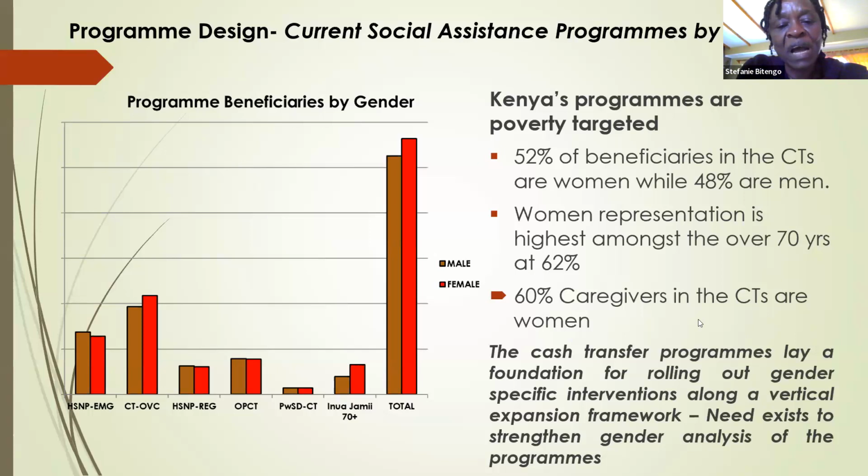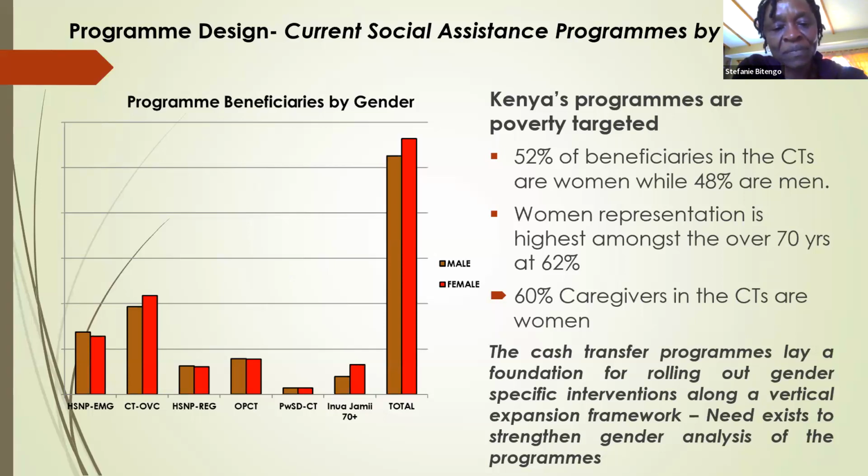And then amongst the Older Persons Cash Transfer, which is a benefit to those persons over 70 years, we have at least 62% of them being women. In addition to all this, about 60% of caregivers are women.